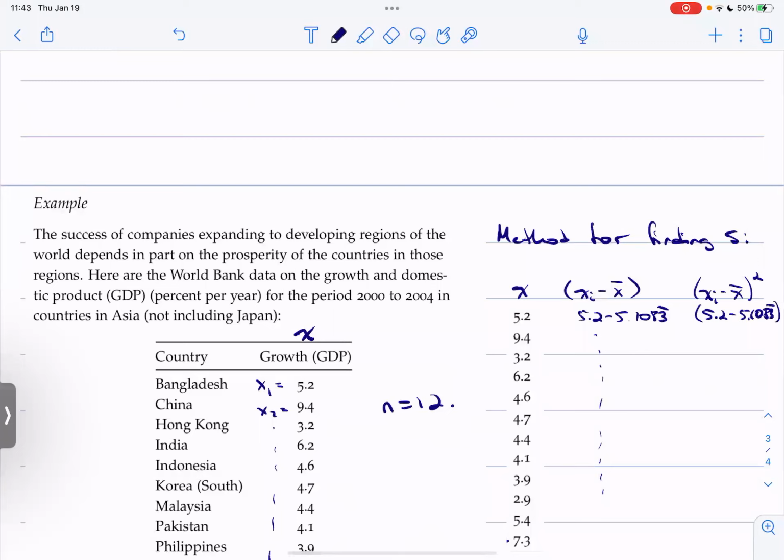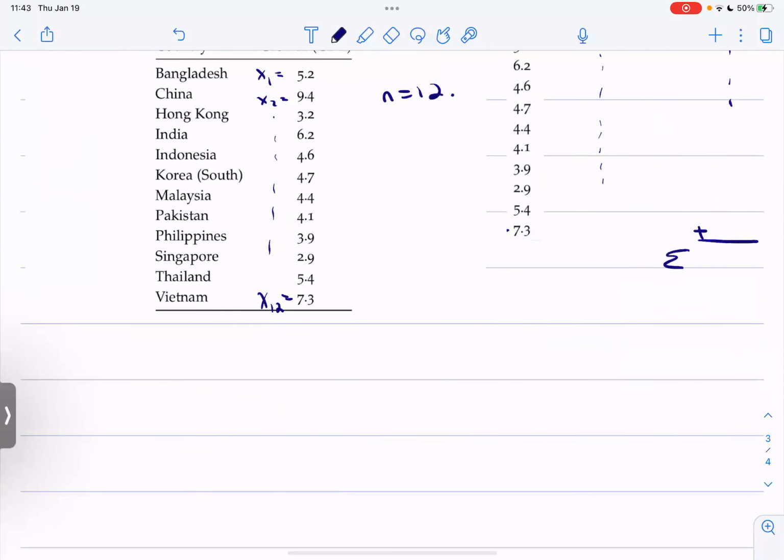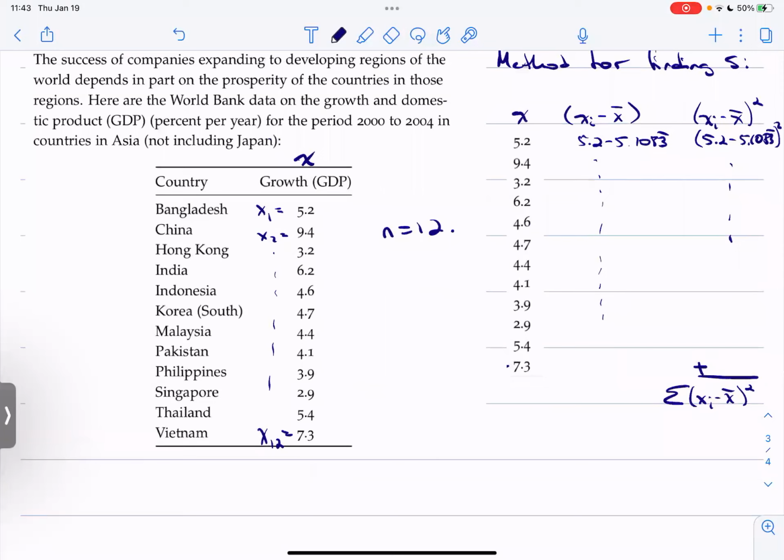You would square that number from before, and you'd have a list of all these numbers. You would add them all up, and the result would be the sum of the xi minus x bars squared. Then you'd have that placeholder, divide that by n minus 1, and then take the square root, and then you have the standard deviation.